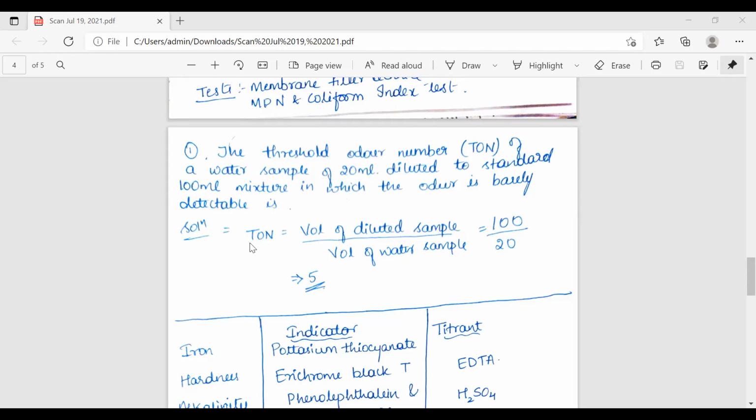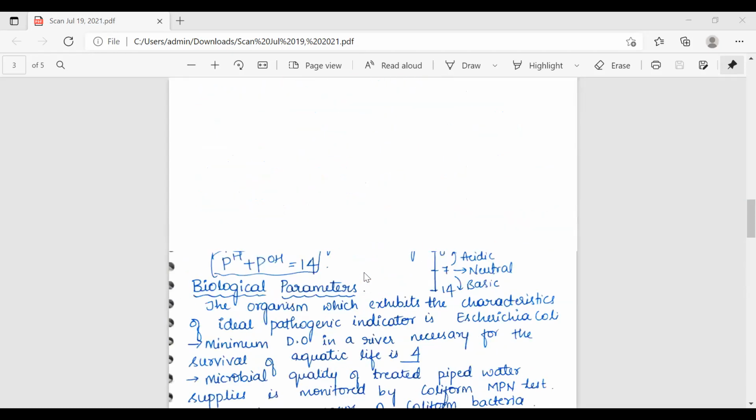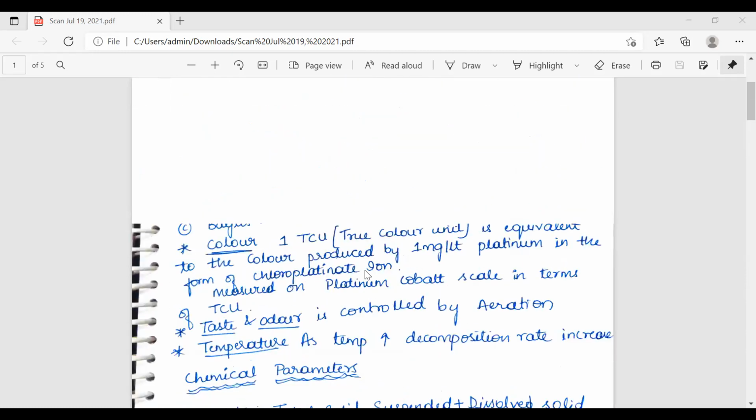To calculate the threshold odor number, it is the volume of diluted sample divided by the volume of water sample. The diluted sample is 100 ml, and the water sample is 20. So 5 is the threshold odor number. So these are the physical characteristics.